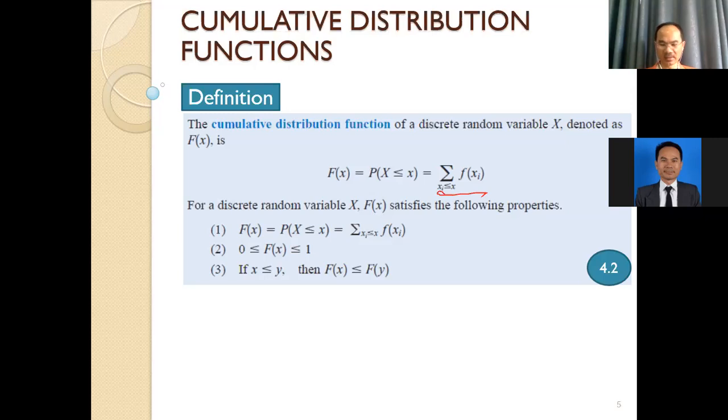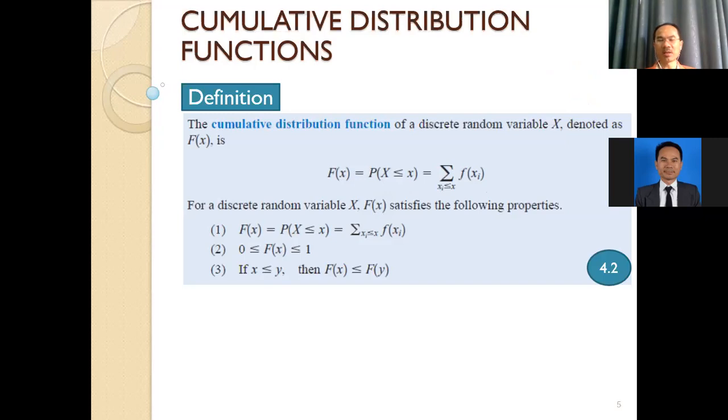This is the meaning of it. Previously we talked about the small letter f, f(xi), which is the probability that X equals xi. If we talk about the summation of f(xi), it should be the probability that X is less than or equal to xi. And also we have three definitions.